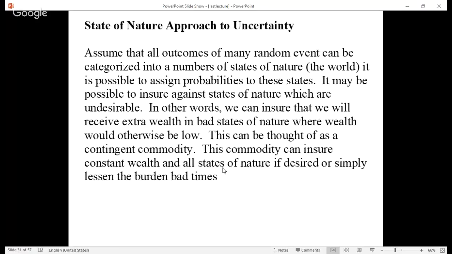The commodity can insure against or ensure constant wealth no matter what happens in the market. In this case, we have an insurance market for the stock market. It's the derivative market. So the commodity can insure against wealth in all states of nature, if desired, or simply lessen the burden of bad times.